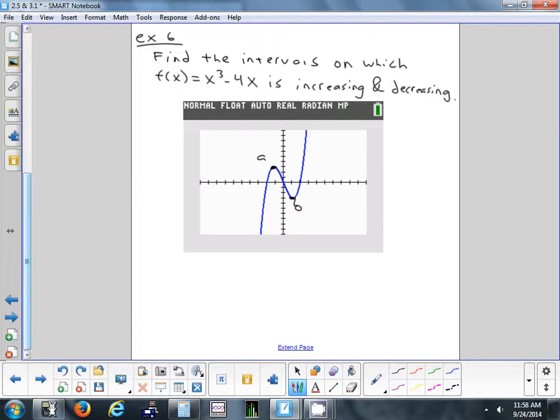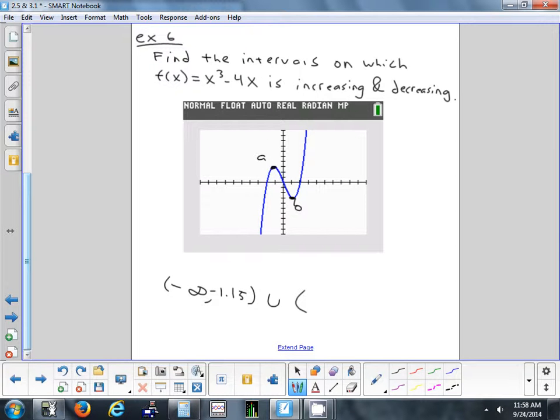Does anybody remember what, I think we did calculate these, what the x was at 1.15? Are those the x values we had for this graph? It was 1.15? Okay. So then it's increasing from negative infinity up to, but not including 1.15. And then, sorry, negative 1.15.